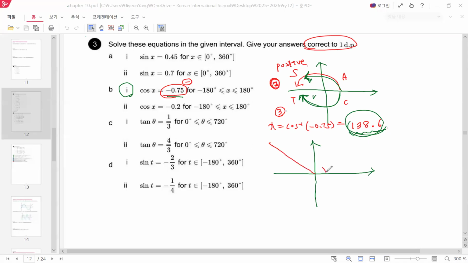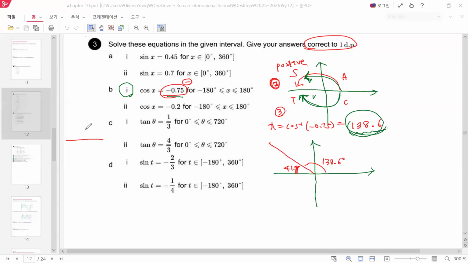So please calculate this angle all the time. So 180 minus 138.6, which is 41.4.